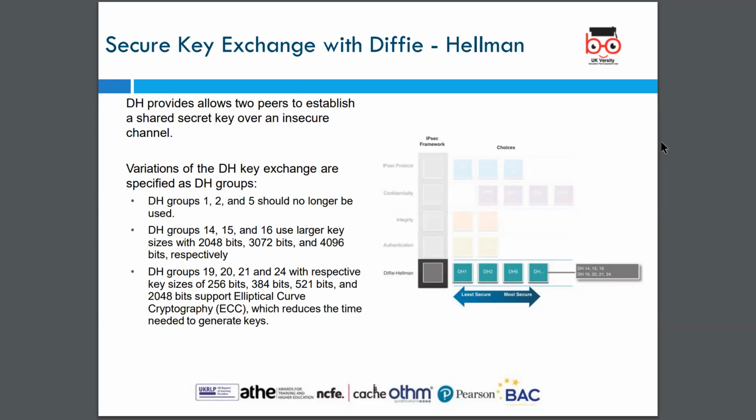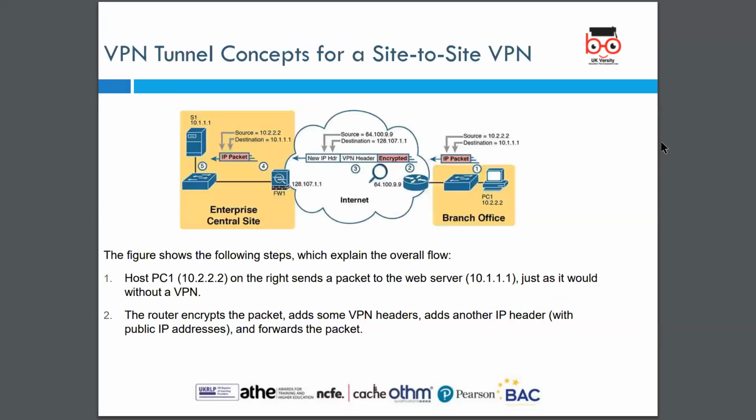This exchange is specified as Diffie-Hellman groups with two types of groups. There is a group with a range of large keys, and then there is the second one with a group of 19 numbers, and these are all related to cryptography.